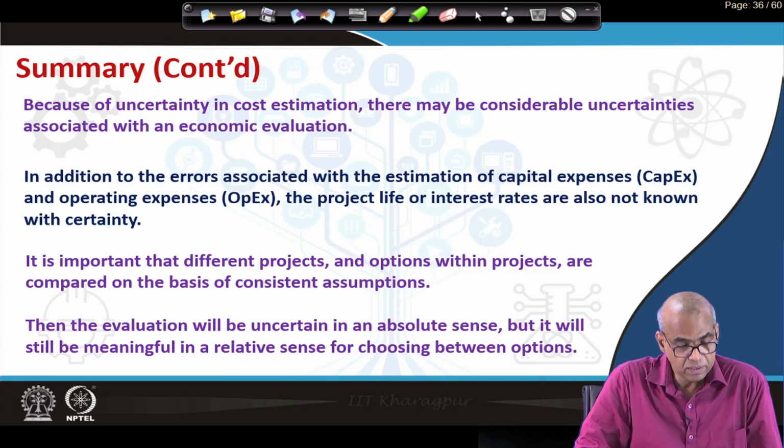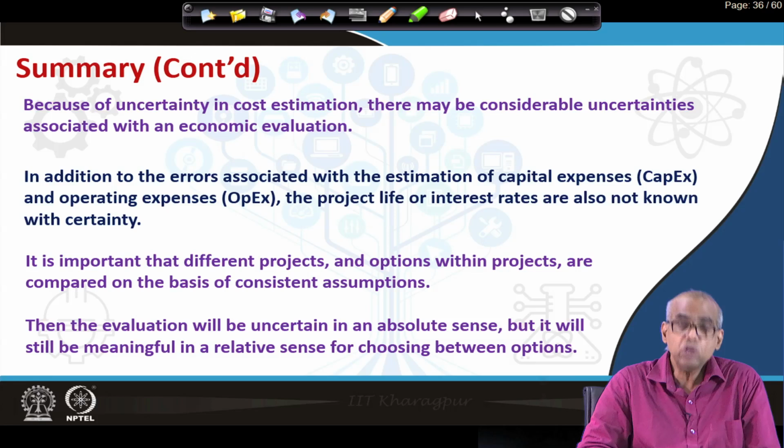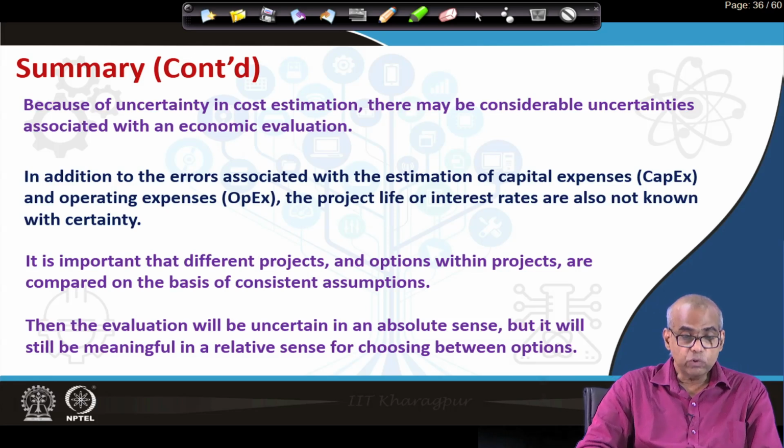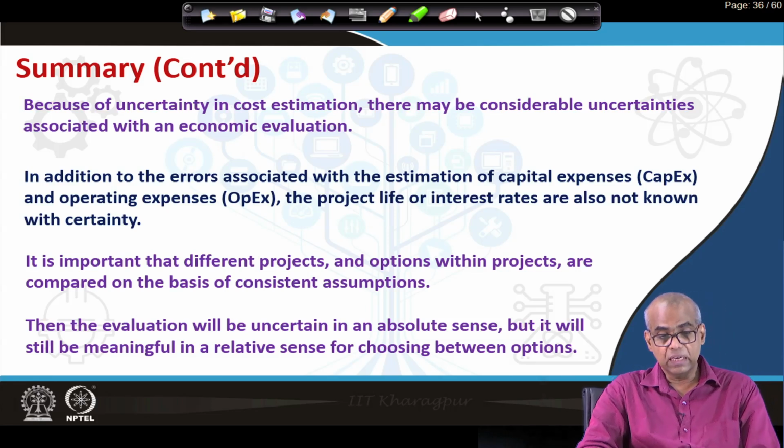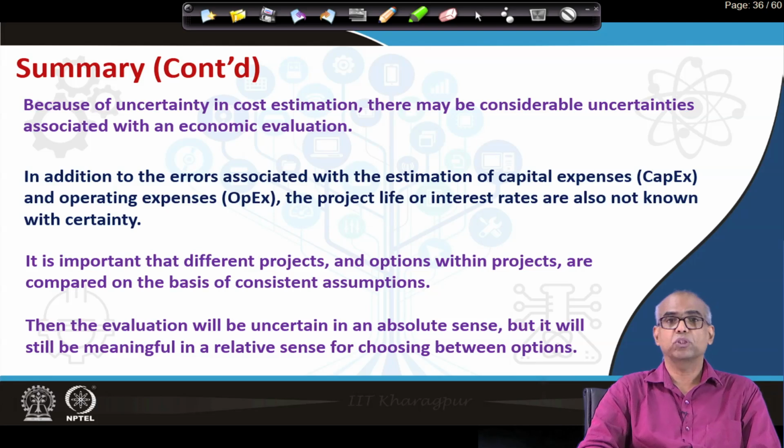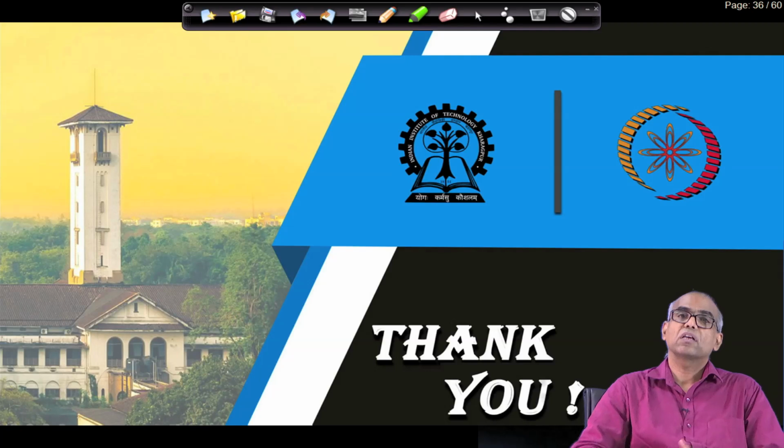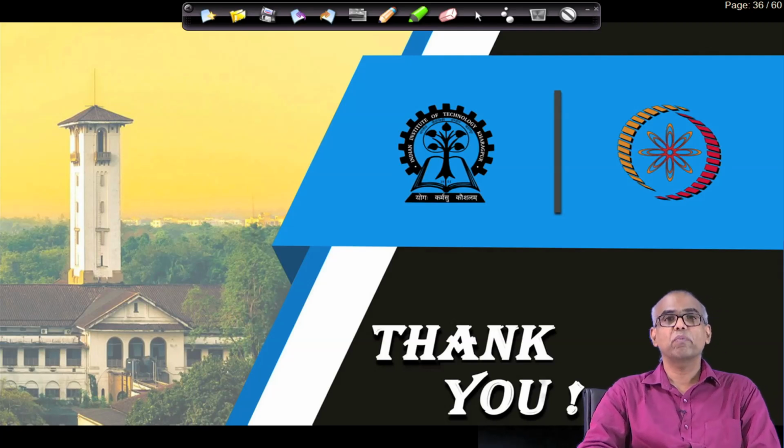Then the evaluation will be uncertain in an absolute sense, but it will still be meaningful in a relative sense for choosing possible alternatives when you have various options. So, with this we conclude our discussion on the engineering economics part.